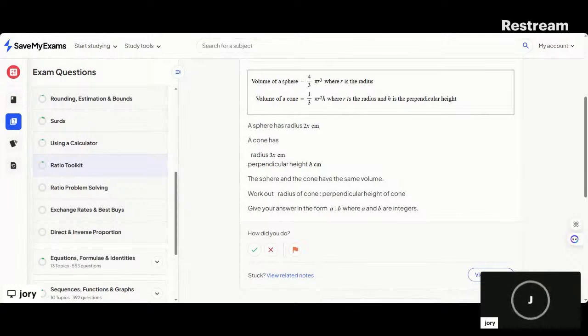So just multiply 4/3 times pi, and then times 8 gives me 32 out of 3 pi x cubed equals. So we've got 1/3 of pi times 9 is 3 pi x squared h.